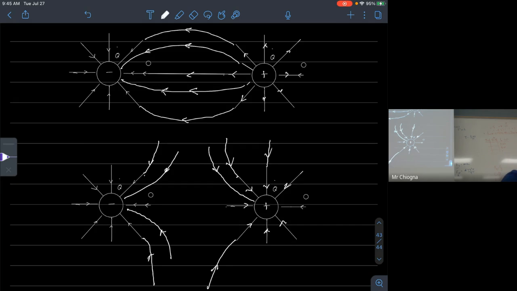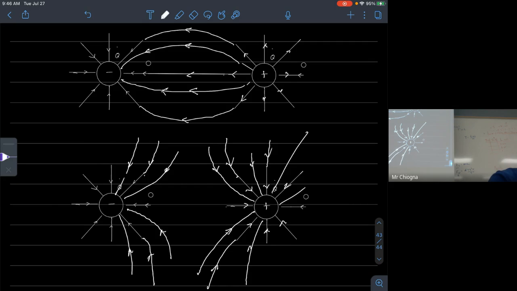The field lines would not connect. They would spread out away from each other. I'd have to draw more field lines in here as well, but anyways, you get the picture.